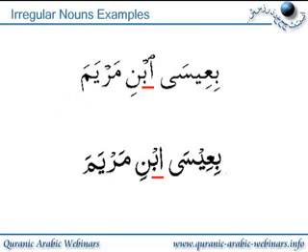Okay, the next one is just some examples from the Quran with these irregular nouns. Now in the first one here we've got effectively the ibn, the noun. Now don't worry, it's got a kasra, etc. That's all grammar.